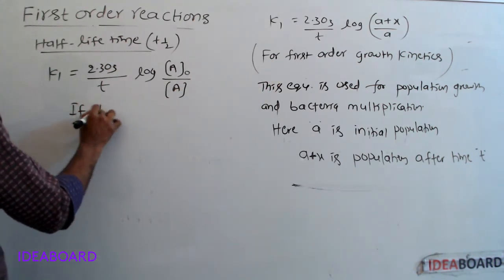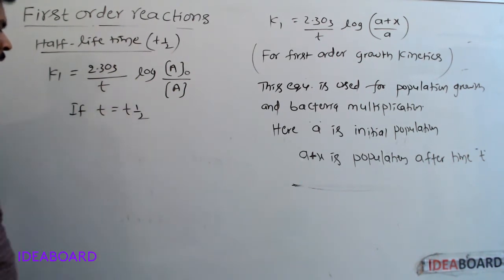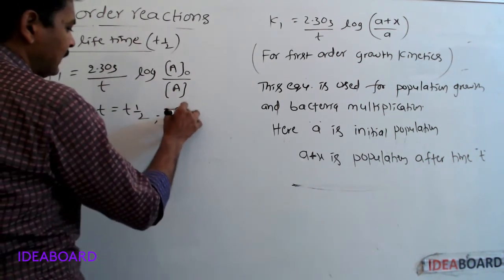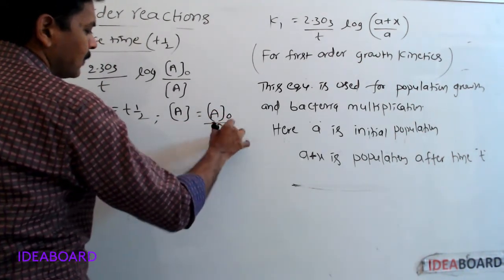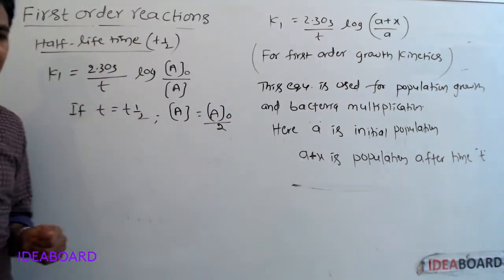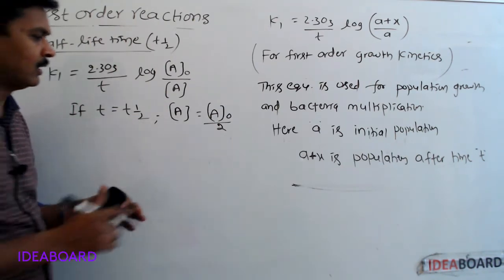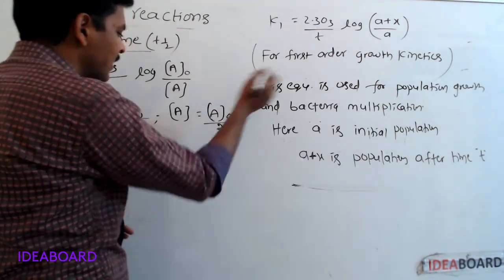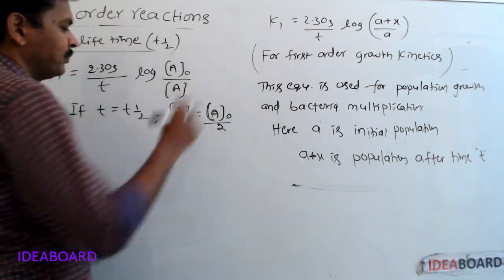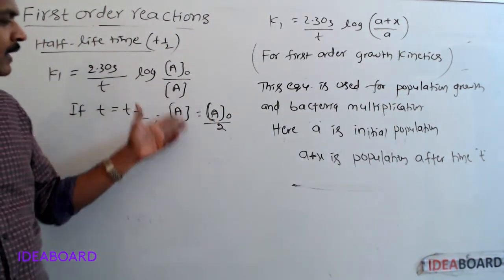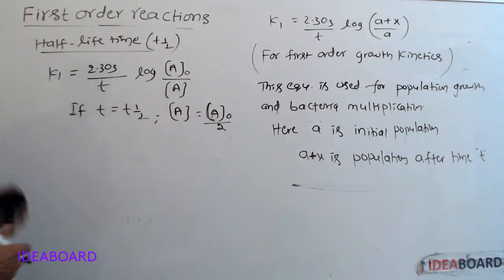If T is equal to T half, then A concentration is equal to half of the initial concentration, A naught by 2.